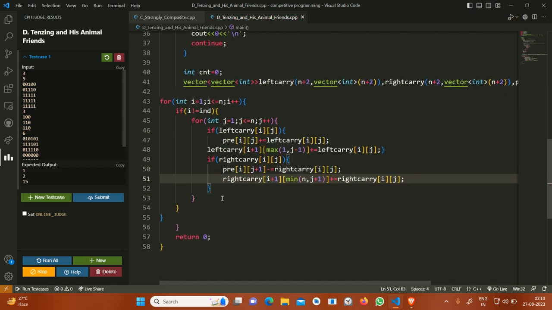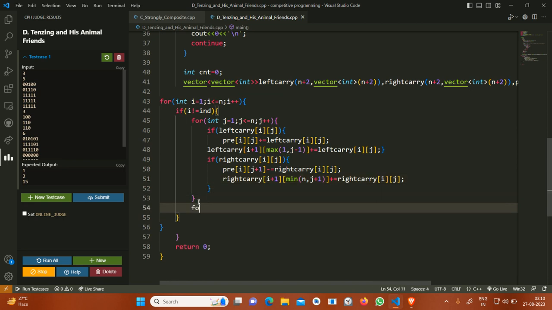Yeah, it is fine. Now I will just perform the prefix: for int j equals to 1, j less than or equal to n, j plus plus, prefix of i j plus equals to prefix of i minus 1 j.